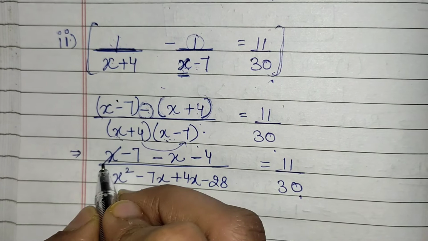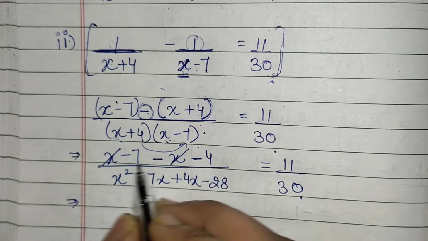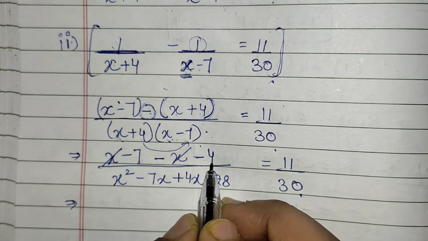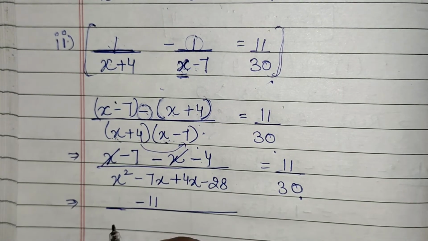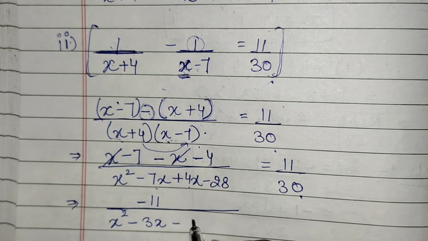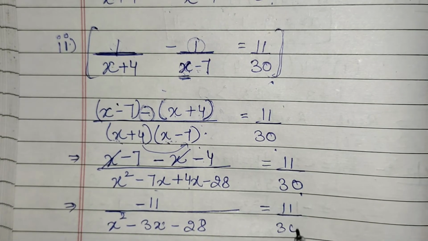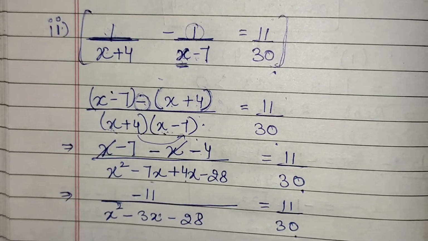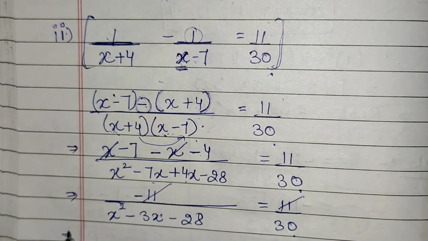Okay, so x and x will get cancelled out. What will be in the numerator? Minus 7 and minus 4, it will be minus 11, divided by x square minus 3x minus 28, is equal to 11 by 30.